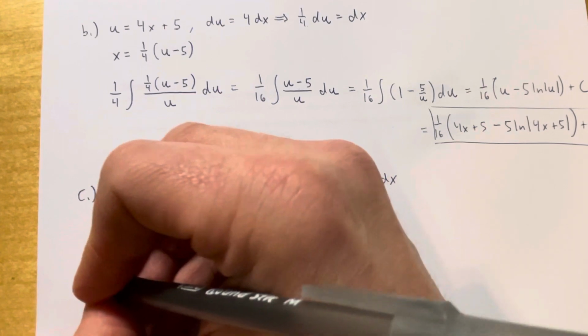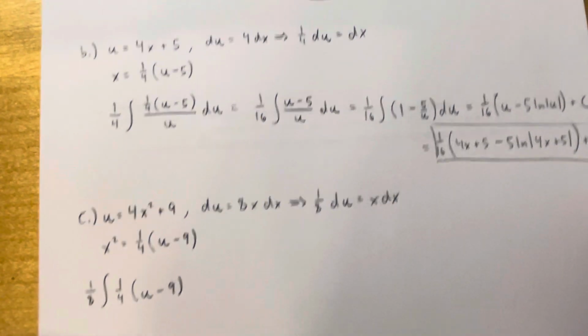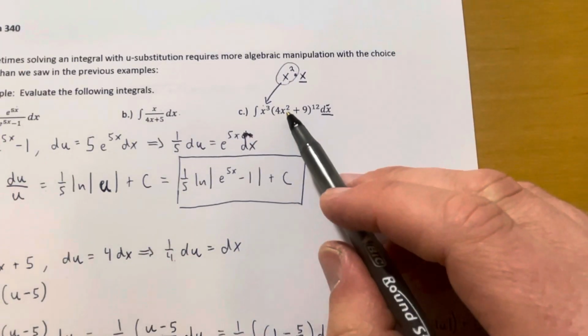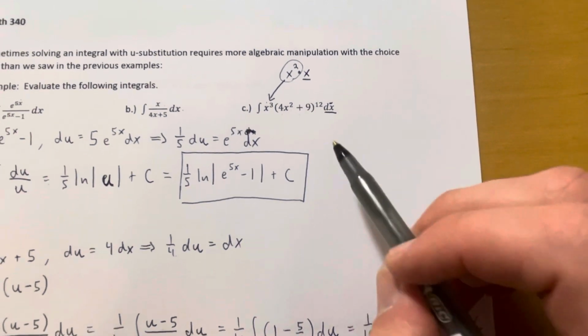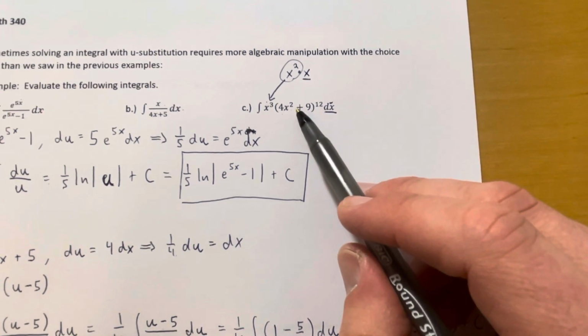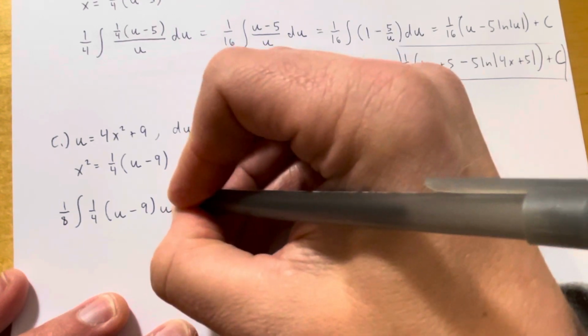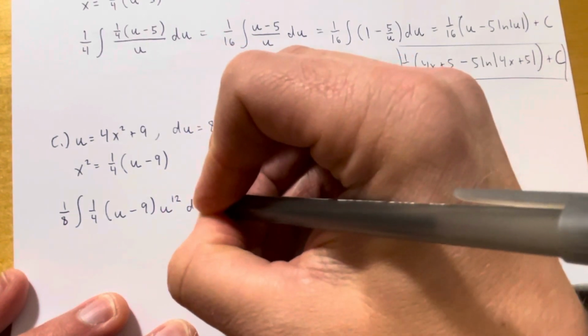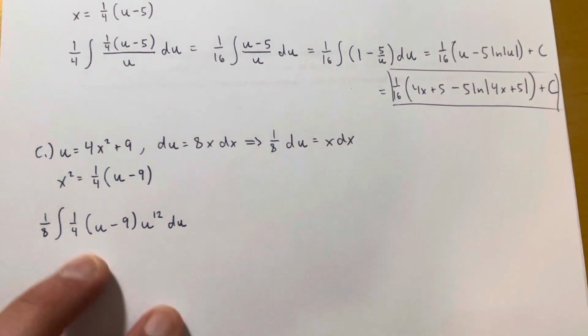Let's take the 1/8 and pull it all the way out, and then the du I'm going to save until the very end. We always write that at the end. And then I have 4x squared plus 9 to the 12th power, but the 4x squared plus 9 we define to be equal to u. So this is now u to the power of 12. And then here's the du that I was saving until that point. Okay? So let's do this.